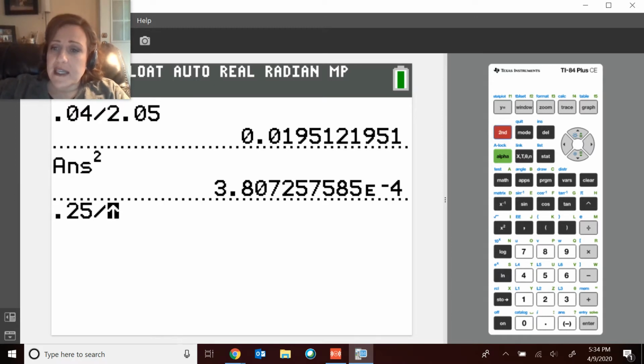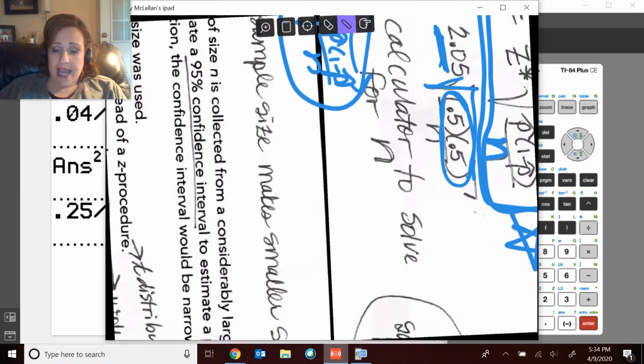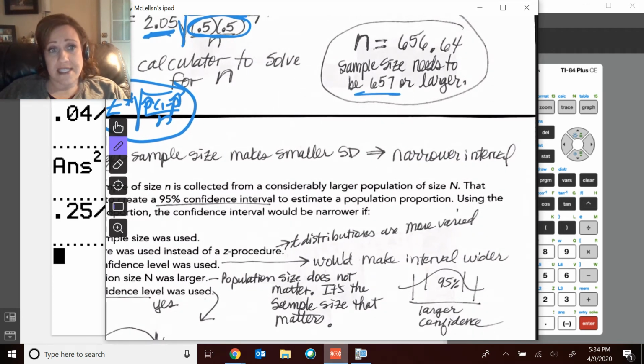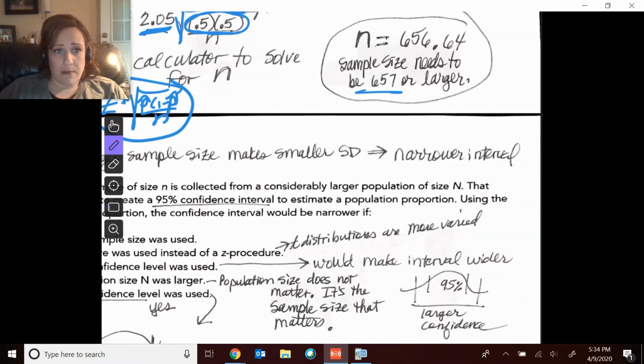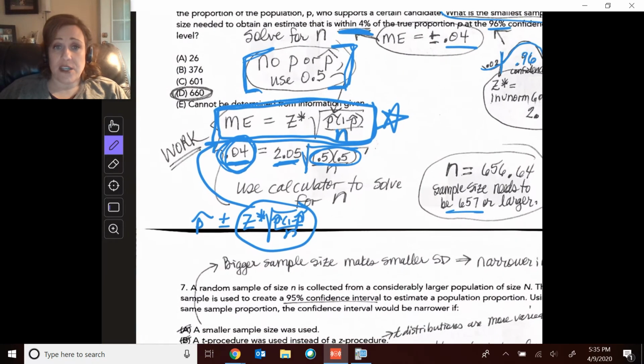But I'm going to do second previous answer, okay? And then there we have. So that's the minimum sample size I need. So 656 isn't enough because I have to have 2/3 of another one. So therefore, I need to have that sample size of 657 or larger. Okay, and so then that's how we come up with the answer for this problem of D, 660.